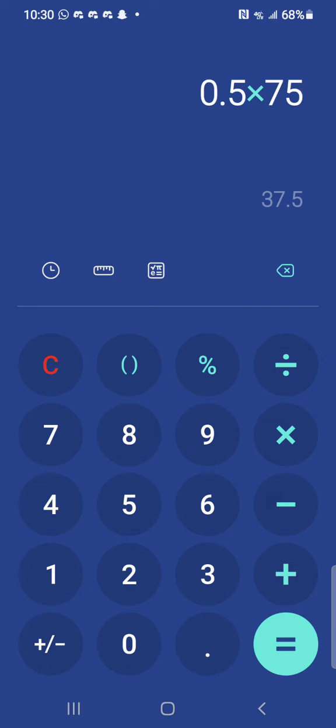If you divide this by 100, that's 0.37. Now you say 0.5 minus 0.37, that's 0.13. So minus 75% of my average lot size is 0.13. That's the limit. Now I have gotten my range.